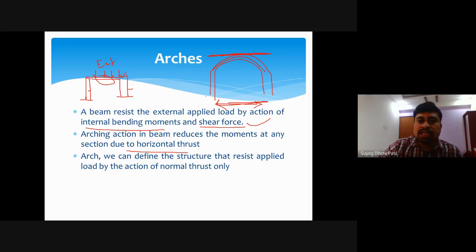Again, if we think about the supports, this may be a fixed support, and one may be a roller support, meaning it can be movable. After application of load, this roller support will move in the horizontal direction and counteract the application of load vertically towards the foundation.